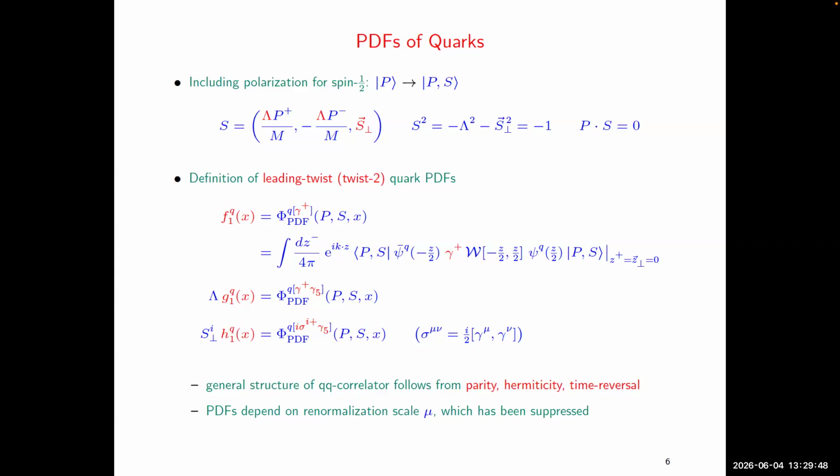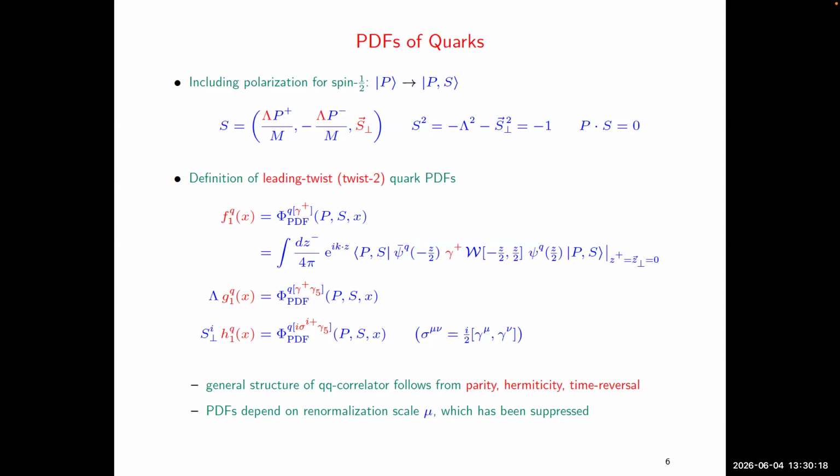And here we are. These are what we call the leading twist or leading quark PDFs for a spin 1/2 hadron. In the case of the unpolarized PDF, which I call F1Q, the gamma matrix between the two quark fields is gamma plus. In the case of the helicity PDF G1, we use gamma plus gamma 5, and for the transversity PDF, it's i sigma i plus gamma 5, where i is a transverse index.